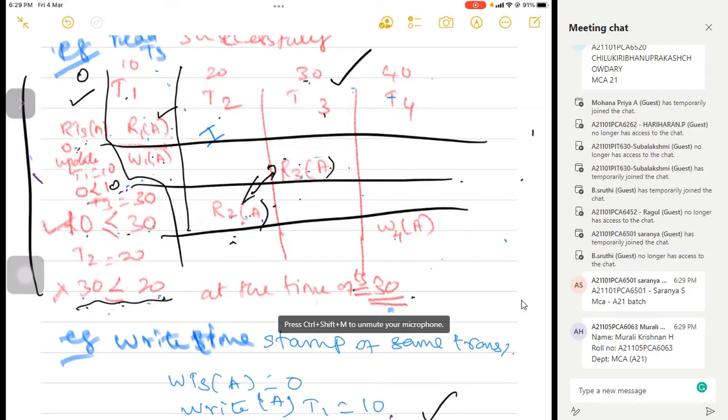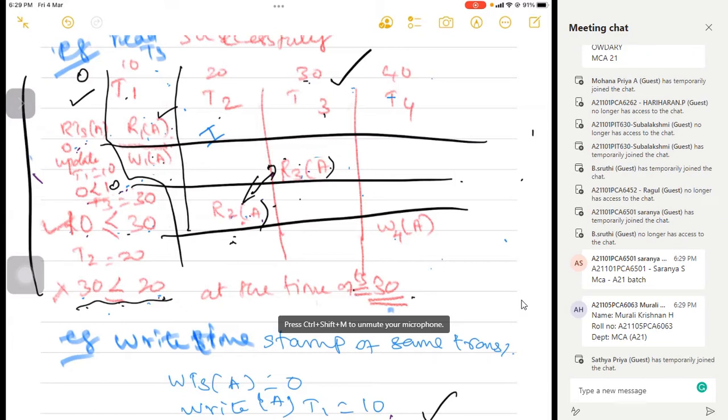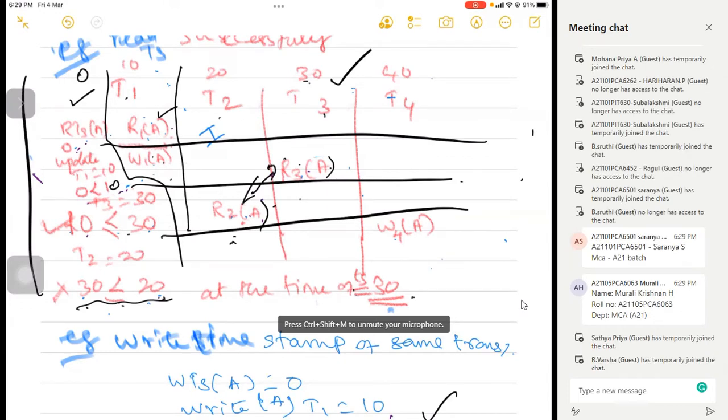But even though, the transactions carried out in that time is initially read A and write A. That will be updated. T1 is 10. Once it has arrived, T1 is 10. 0 is less than or equal to 10.